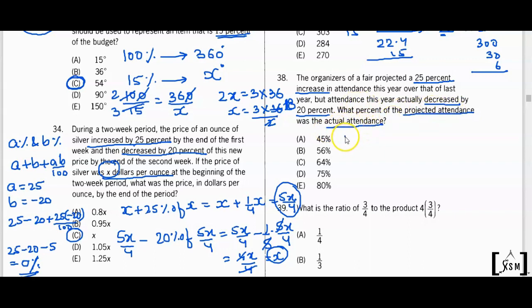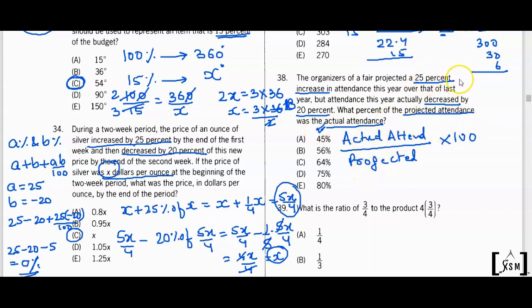So we have to find the percentage of actual attendance out of projected attendance. Actual attendance divided by projected attendance times 100, that is how we find the percentage, right? Because we compare actual attendance with projected attendance.